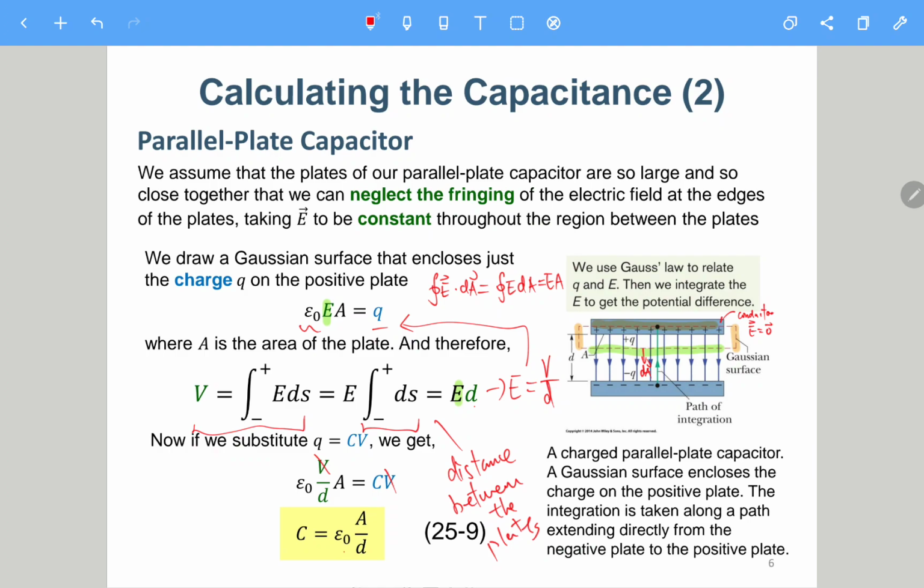Here epsilon naught is a constant, the permittivity constant, and A is the cross-section area, which means the area of the capacitor. And d is the distance between the plates, which means that if we would like to have a larger capacitance, we can either increase the area, make it larger, or make the distance between the two plates smaller.